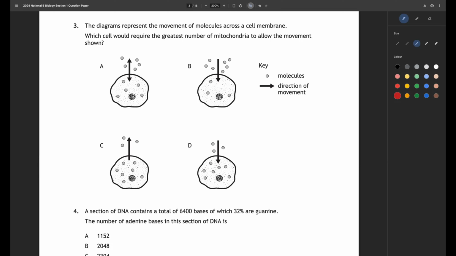If we look at B, we've got a higher concentration outside than we do inside, and it moves inside, so that's simple passive transport. E, similarly, we've got a high concentration inside and a low outside, but again, it's passive transport because we're going from high to low. But if we look at D, we're going from a low concentration outside to a high concentration inside, so that would be active transport, and therefore your answer for this one is going to be D.